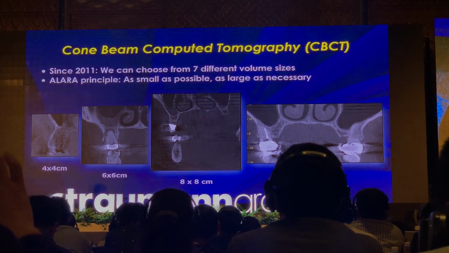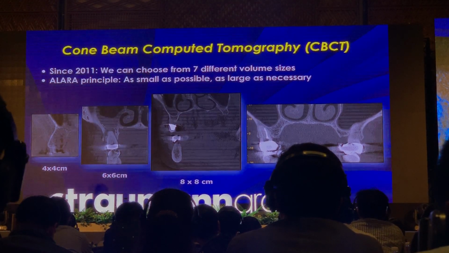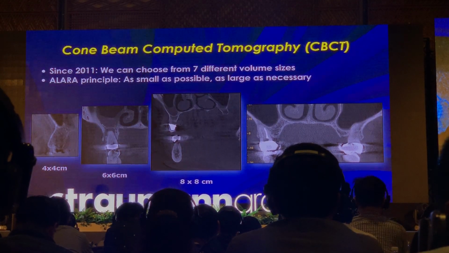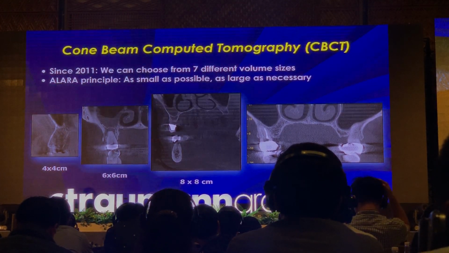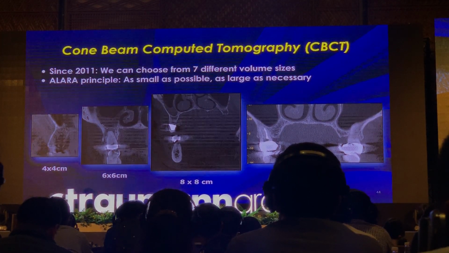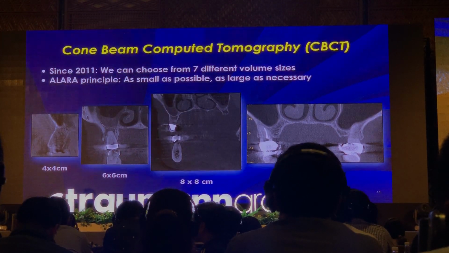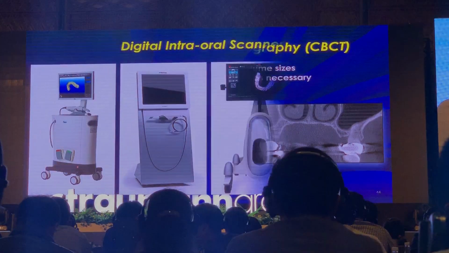Then we either take a 6 by 6 or a 4 by 8 to have enough surface from the occlusion. And of course it's important that the neighboring teeth are not all metal crowns, because otherwise you have a lot of distortion in your radiographs. So that can be a problem.